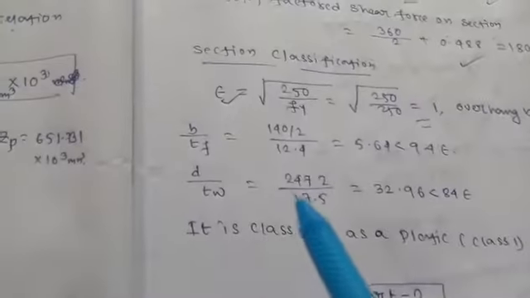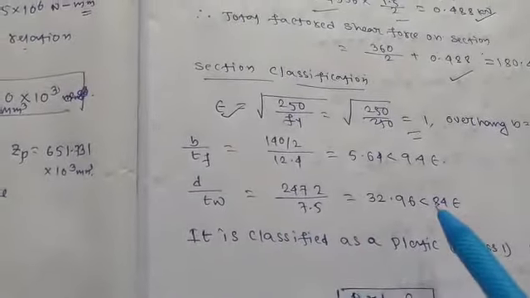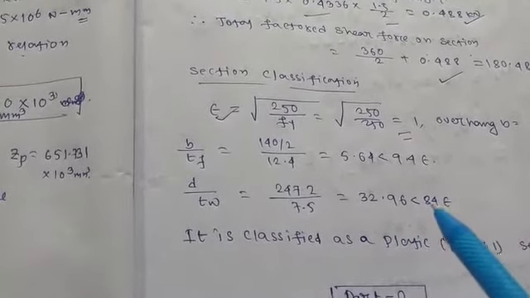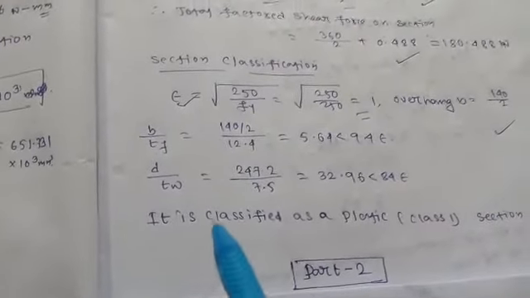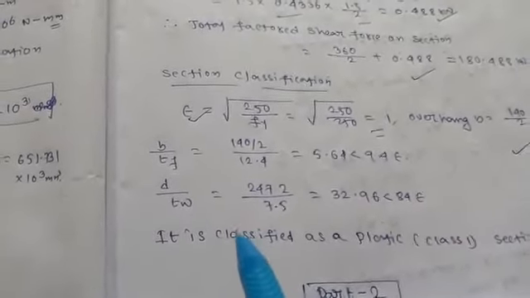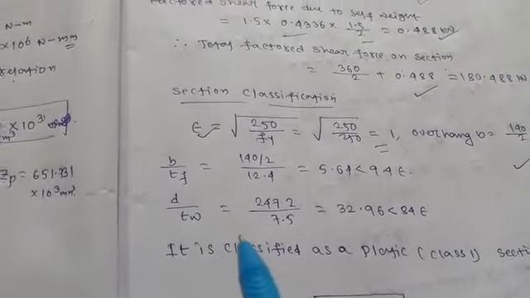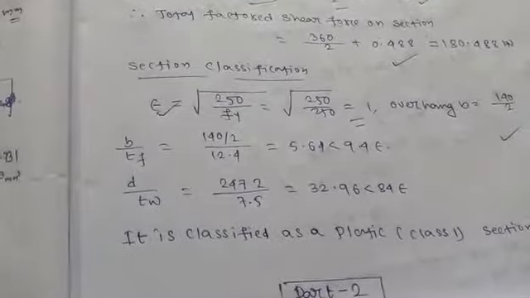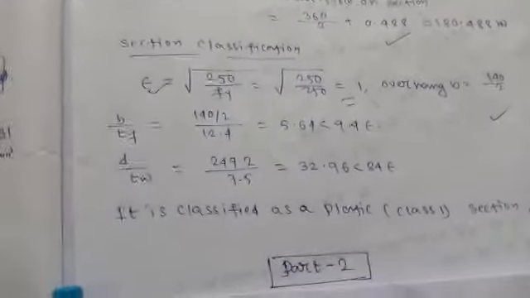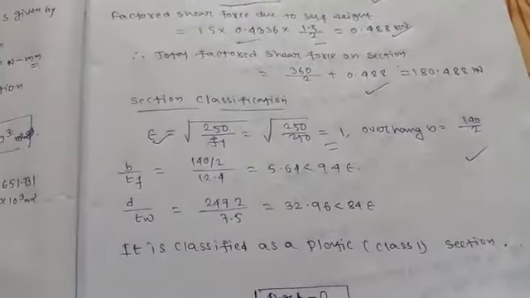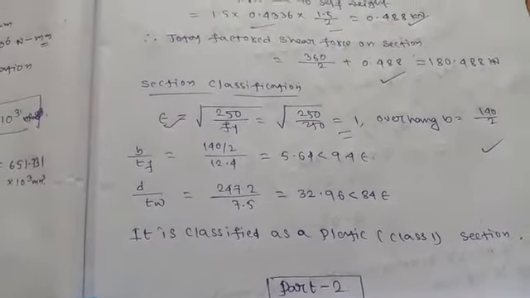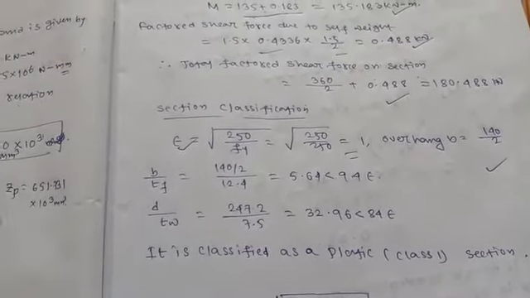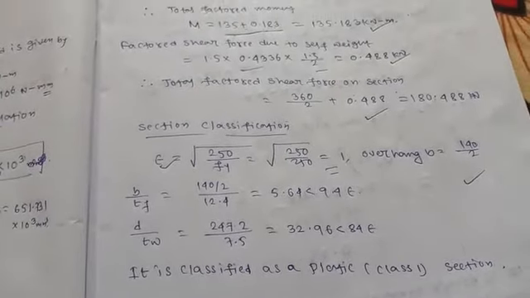Then putting the value, we get that it is less than 84 epsilon. So this beam section is classified as a plastic section, which is class 1. So our section classification is completed.